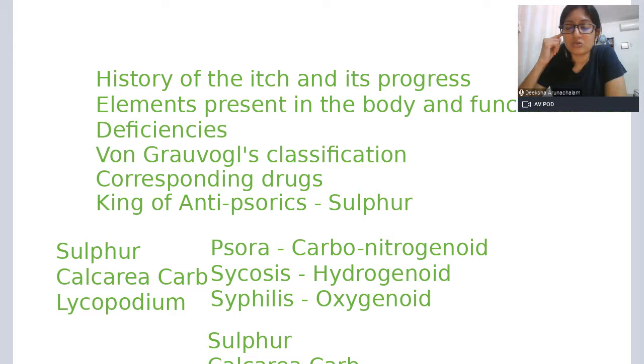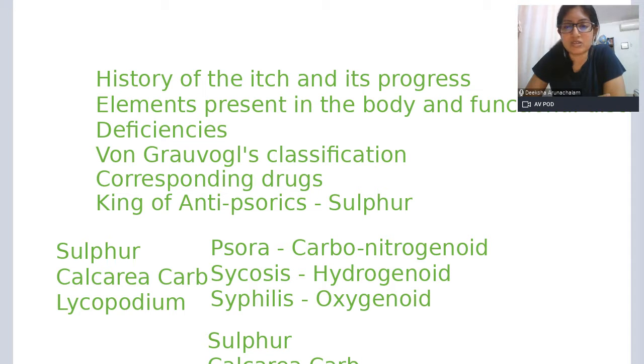In living organisms, the most common elements found are carbon and nitrogen. Any functional deviation in these elements will cause symptoms and disorders. So Psora, being purely functional in its manifestation, is called a carbo-nitrogenoid constitution.